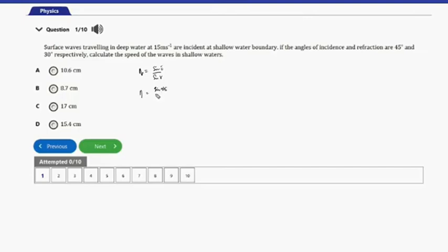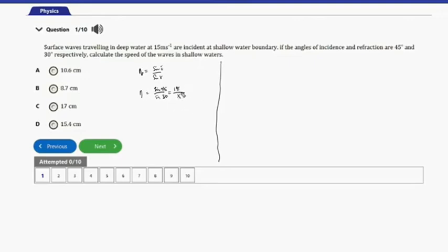So that will be sine 45 over sine 30, and that's equal to the speed of the wave in deep water over the speed in shallow water. So guys, the speed of the wave in deep water is 15 meters per second, and that in shallow water is not given.